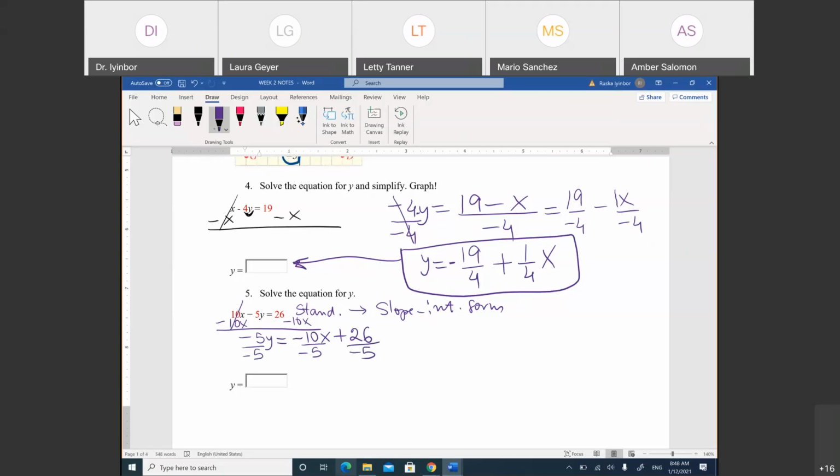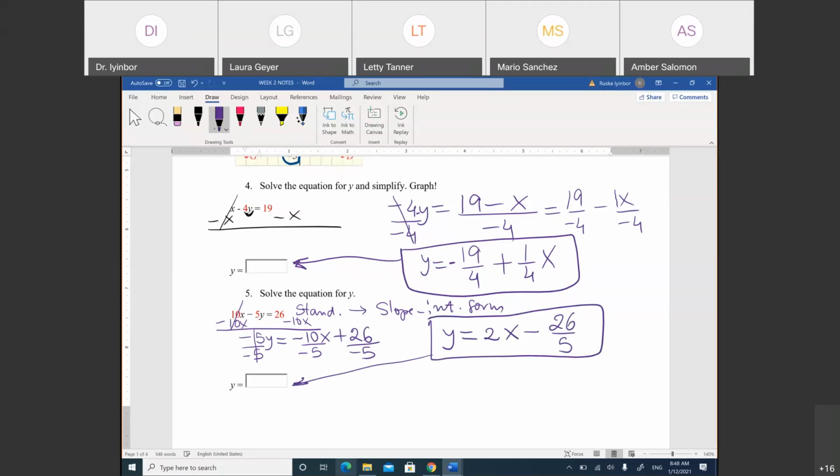So negative 5 divided by negative 5 is going to give you 1y equals negative 10 divided by negative 5, which is going to be 2x. And then 26 and 5 don't reduce, but positive and negative is going to give me negative, and you're going to keep it like 26 over 5. And this is the slope-intercept form. This is how you're going to leave your answer.